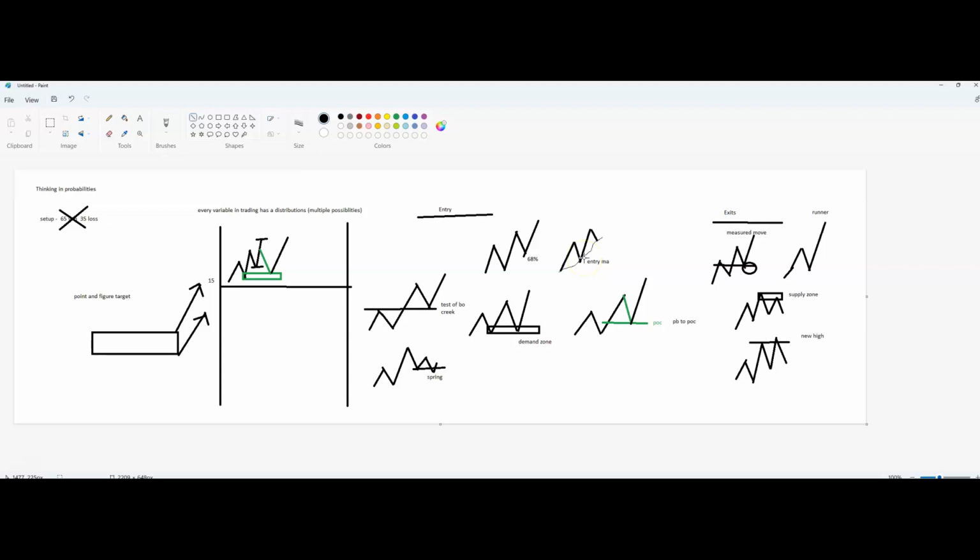Or some of them you just had to enter on the next green bar, because they had a lot of momentum, and there was no category to classify them. You see, so with 65% winners, someone may say, oh, the way you would enter all these 65% winners is on a pullback to the halfway back area, that 50% back area.